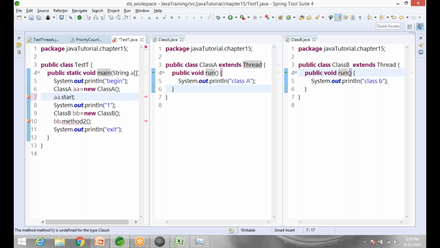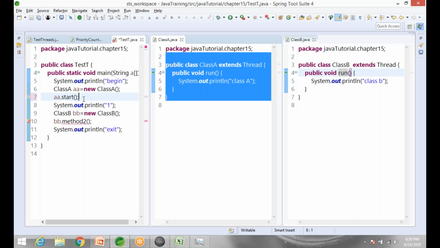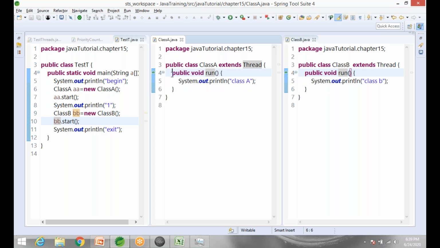And you say start whenever you want to start this program in parallel. You say the start method. Do you see any start method here?